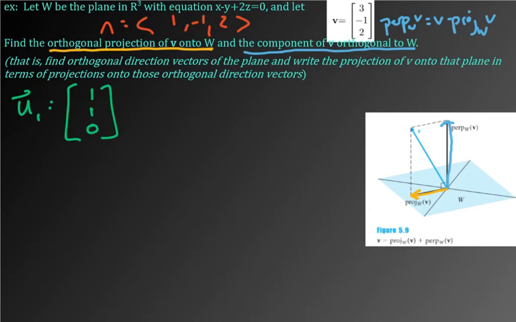You could have another vector U2, which would equal, let's say, negative 1, 1, something. Because so far now it's 0: negative 1 plus 1 is 0, and then this could really be anything. I've just got to make sure it cancels out this, so it gives me 0 here too.